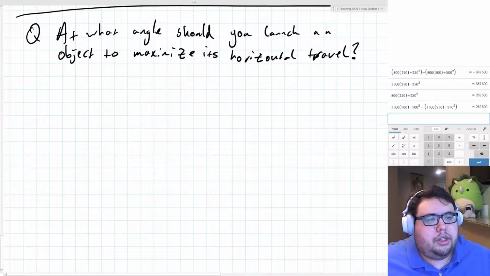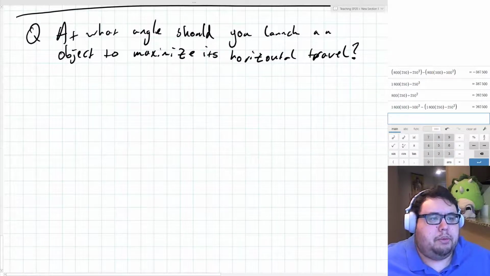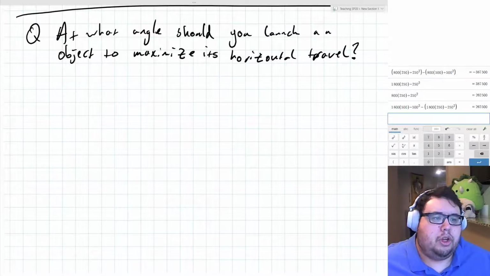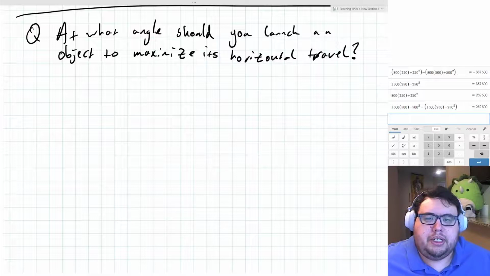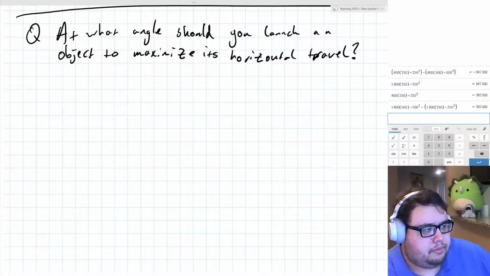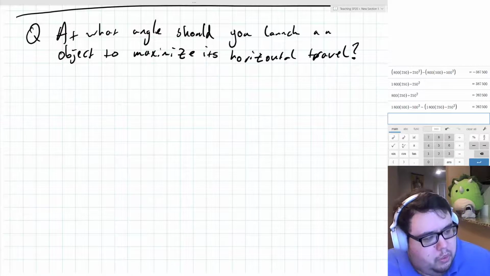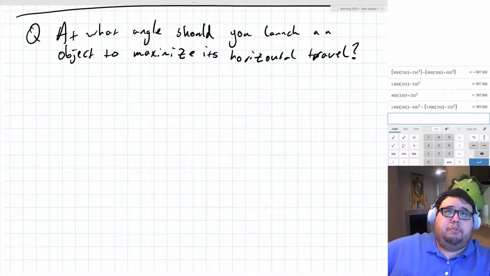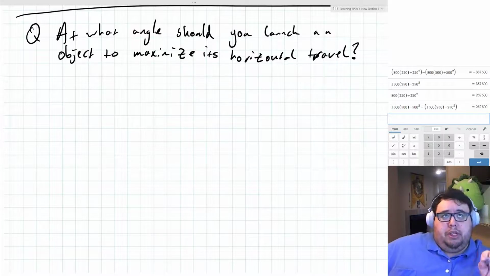So this is going to be us taking a step back from trying to be more sophisticated at physics, and we're going to imagine that we live in a magical world with no air resistance, because air resistance actually makes this a slightly different problem. On one hand, if you point the cannon too low, you won't get as much distance as you possibly could because there won't be enough hang time.